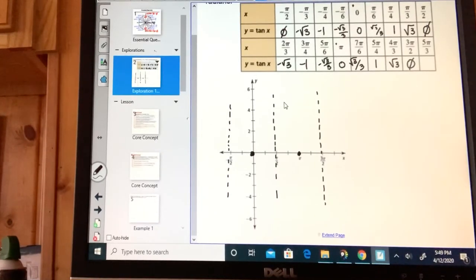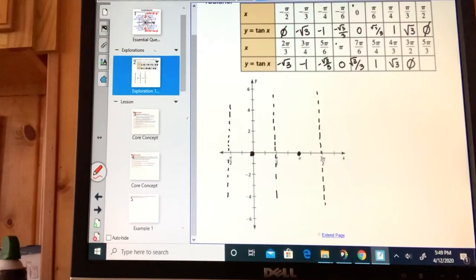Now, these square root of 3s are kind of hard to graph. And like the square root of 3 over 3, I don't actually know what that number is off the top of my head. But I do know something about asymptotes and lines. So anytime I have a graph, a line is going to approach the asymptote. So it's going to get as close as it can to it as it gets closer to it.